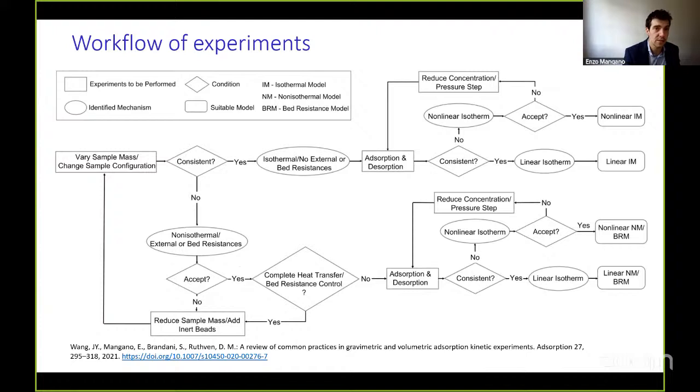If you follow the arrows and the blocks, this will lead you to the model that you need to use to analyze your data. If you assume an isothermal model, the simplest model possible, and all your assumptions are met by the experimental checks, then you should analyze your data with the simplest model. But if not, you should go back and either change the configuration of your system to achieve the assumption that you made, or move to a model that accounts for the complexity of the system, so heat effects, bed effects, and so on.